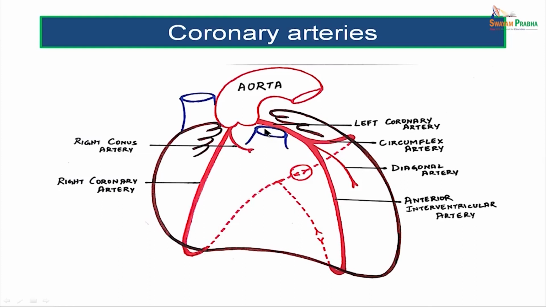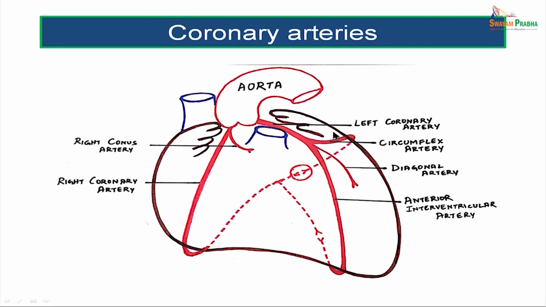As it runs, it will be very close to the mitral valve. So, during mitral valve replacement, this artery, when it is coursing this way, can get affected. It runs downwards and has a very short course. It is going to terminate by dividing into a circumflex branch and an anterior interventricular branch.